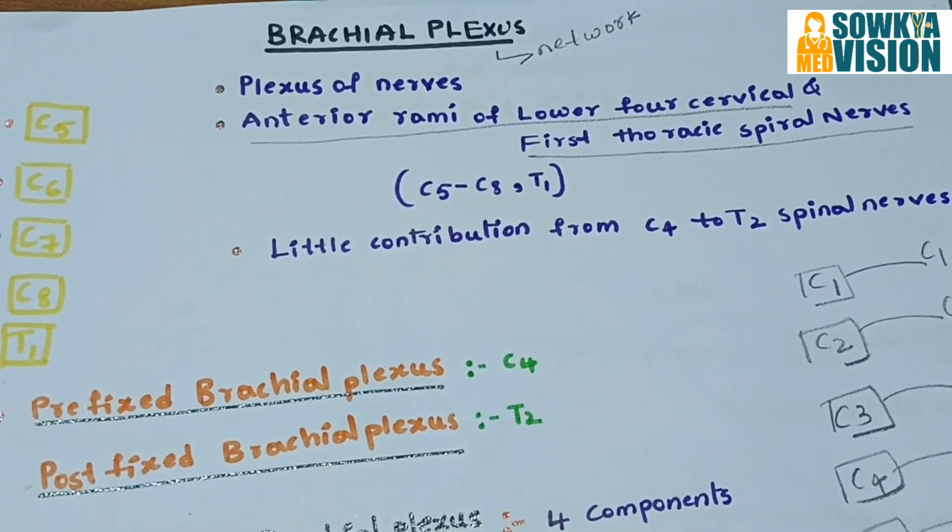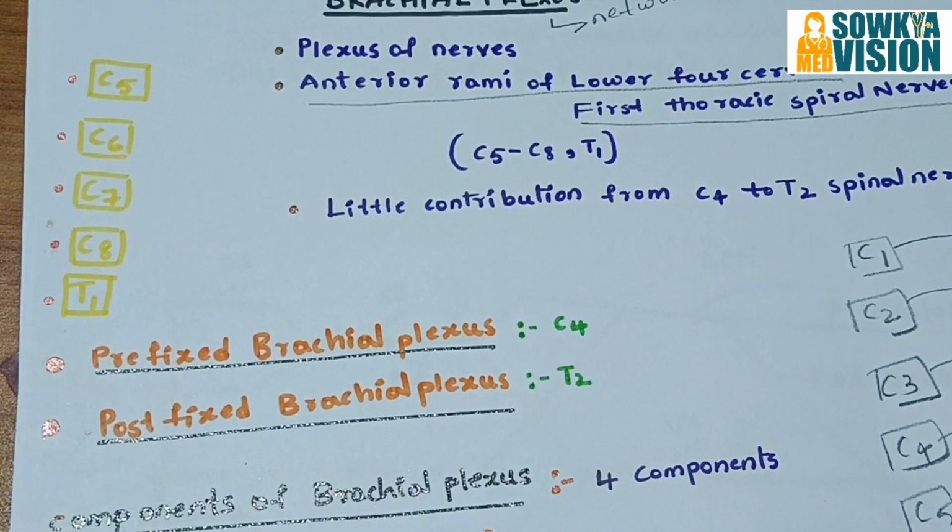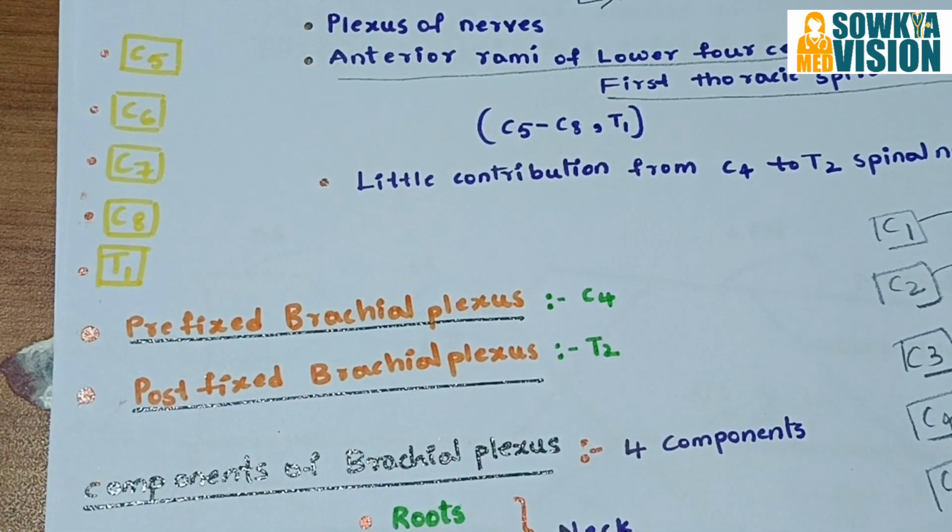The spinal nerves that are involved are C5, C6, C7, C8 and the first thoracic spinal nerve, that is T1. So the spinal nerves forming brachial plexus extend from C5 to C8 and T1. Sometimes there will be a slight contribution of C4 or T2.